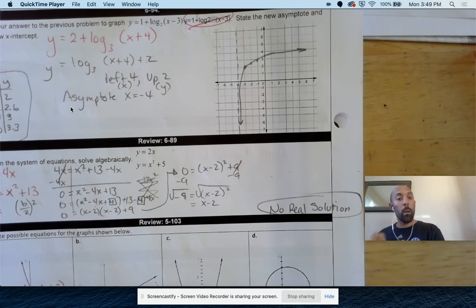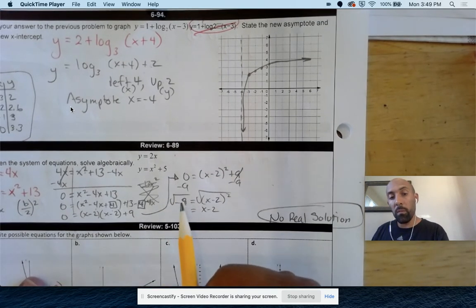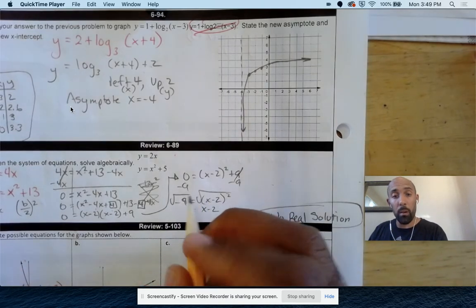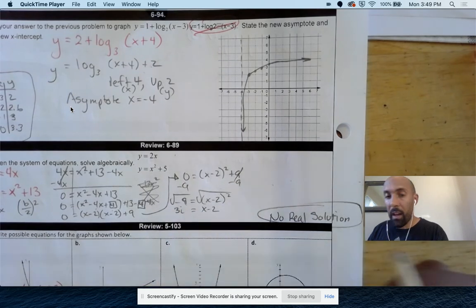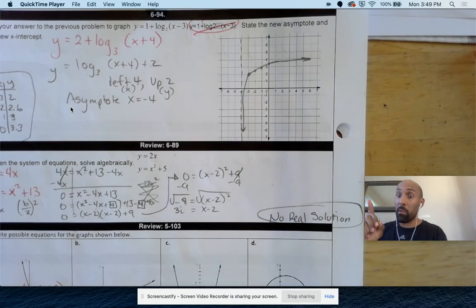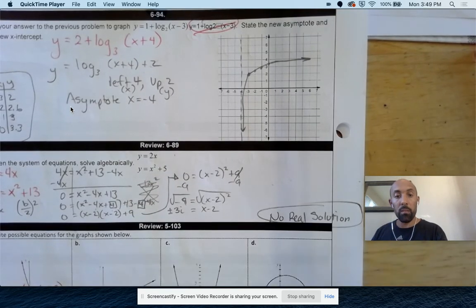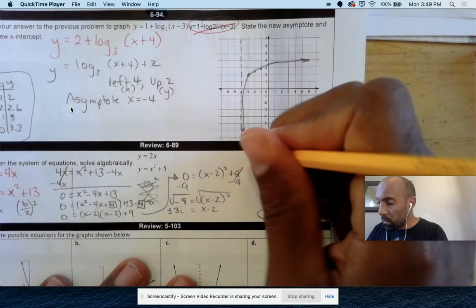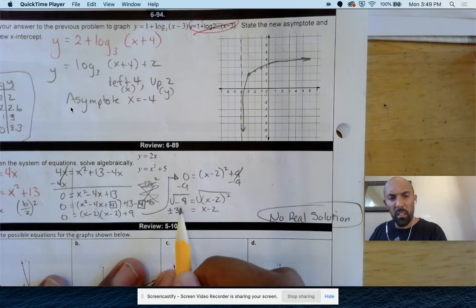I'm going to continue this problem further, but that's really all you would need to do, is say there's no real solution. Now, if you take the square root of a negative number, remember that you are just doing an imaginary number. So the square root of 9 is 3, but it's going to be 3i. But also remember, when you're taking square roots of a number, it's plus and minus. So now I have two different equations. Let's put the x minus 2 on the other side.